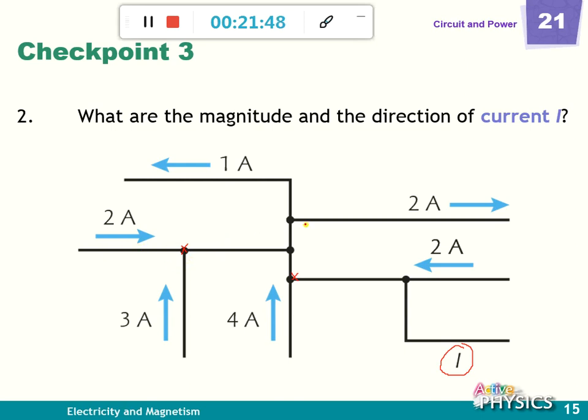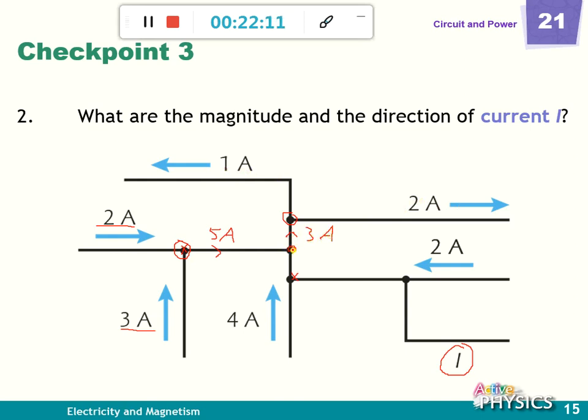Among all the junctions, you can see that this one and this one can give you a lot of information. Look at this: 3 in, 2 in, then this one must be 5 out. How about this? 1 out, 2 out, so this one should be 3 in.